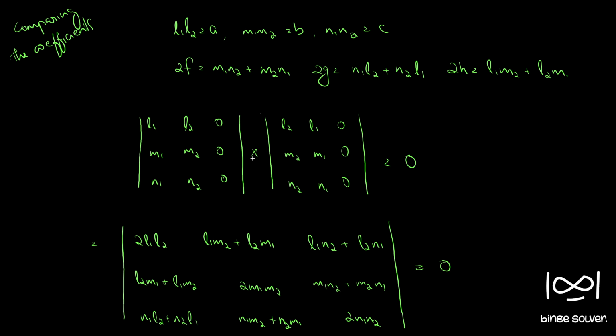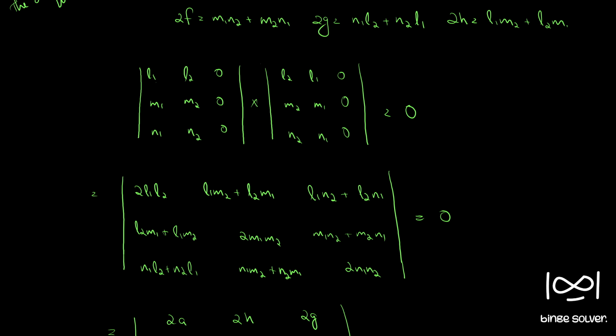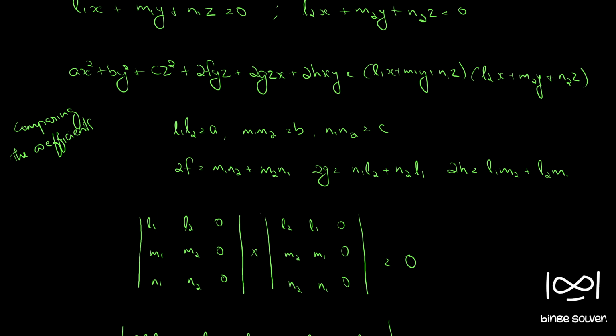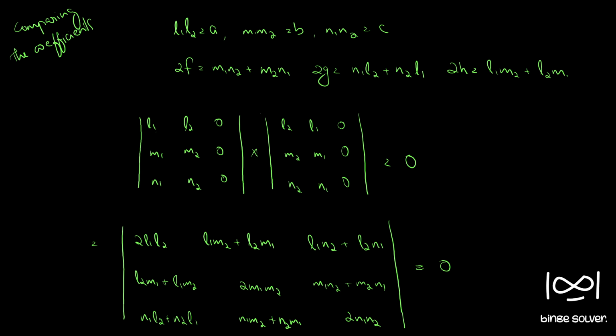Now we wrote this as a product of two zero-value determinants for simplifying the equations. For eliminating L1, M1, N2 and substituting everything with a, b, c, we did this step. This is an important step if you want to derive this, and it is not very intuitive, you have to know it.